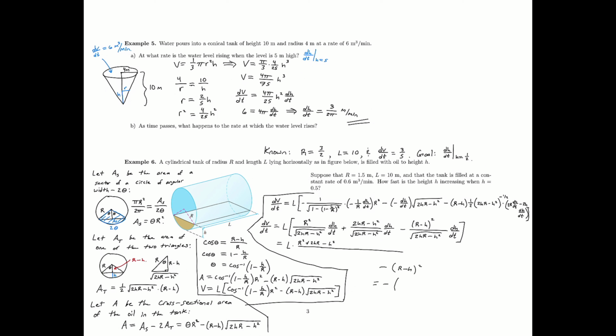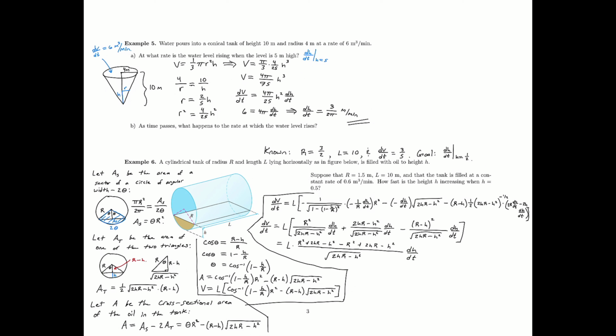So this is negative r squared minus 2hr plus h squared. So this is negative r squared positive 2hr minus h squared. All that would be over our common denominator of the square root of 2hr minus h squared. dh dt.